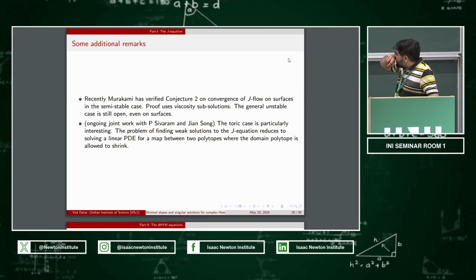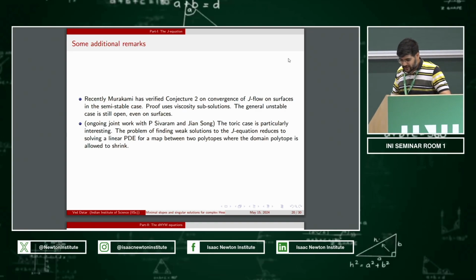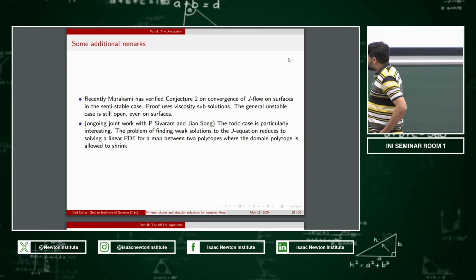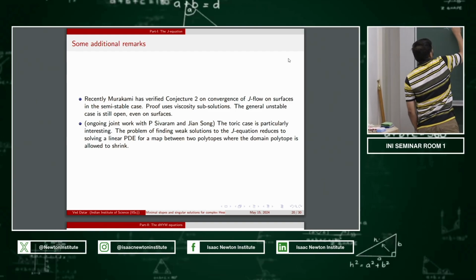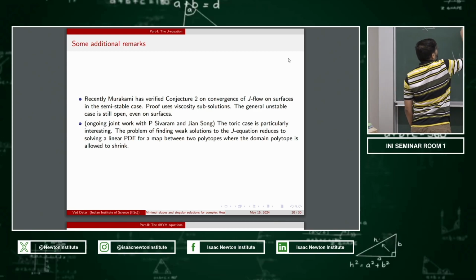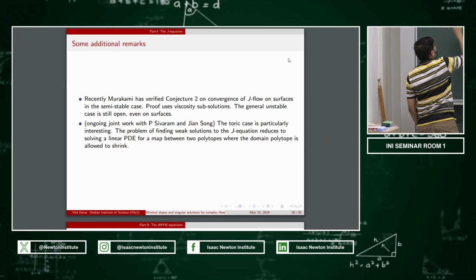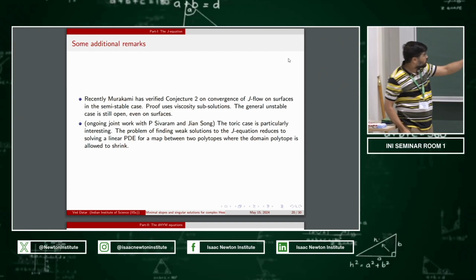So there's another joint work with my student Shivram and Jian Song, in which we look at the toric case. I think the toric case is particularly interesting because it turns out, again like for Calabi-Ansatz, in the toric case you can set this problem up as an equation satisfied by a map between moment polytopes.